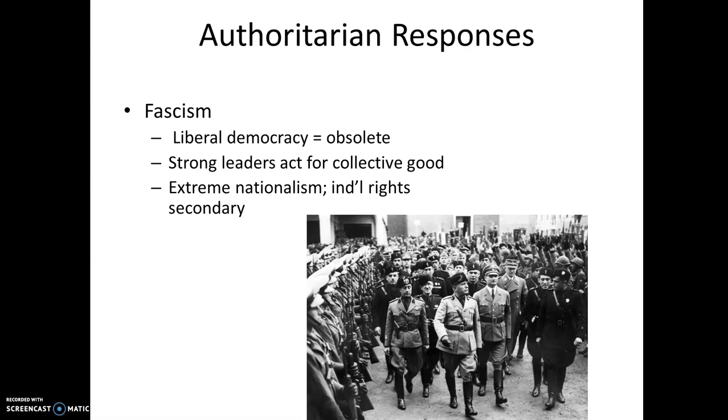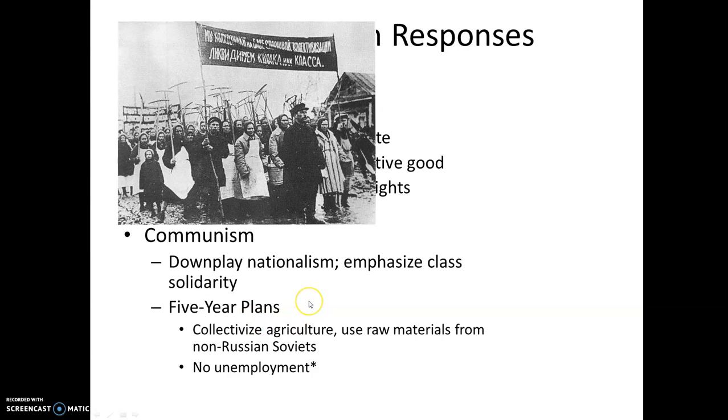Individual rights were secondary to unification of purpose and the role of the state played in organizing the collective will. Fascism took nationalism to the extreme, and as was the case with Germany, we'll see that fascism imposed racial policies at extreme levels.